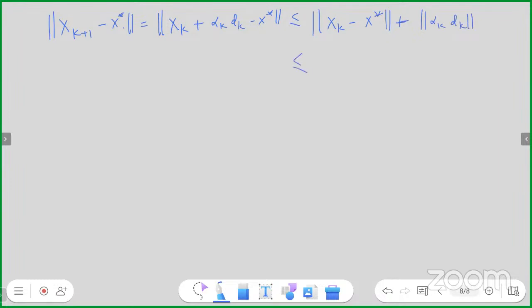And this is at most R plus s times c times norm of del f, which is what I just bounded. So this is norm of xk minus x star plus s times c times norm of del f of xk. And this is at most epsilon.